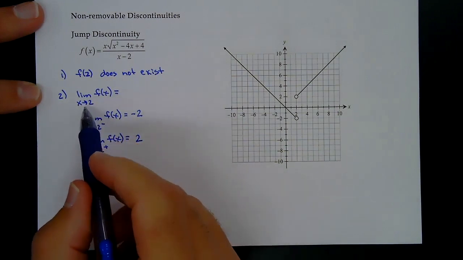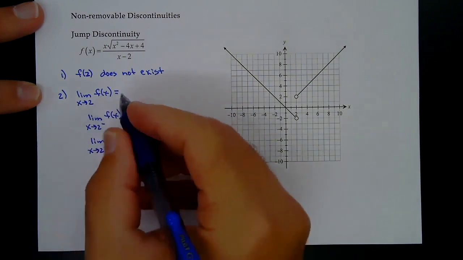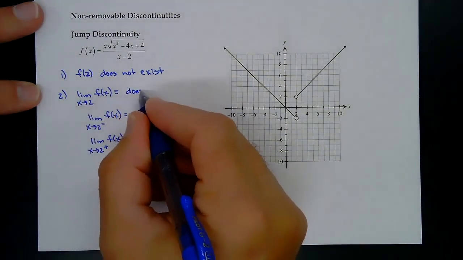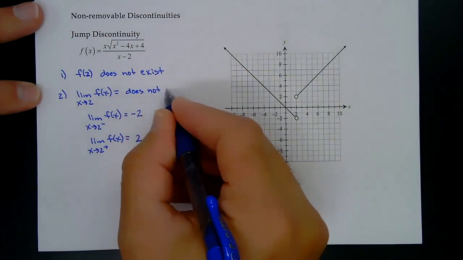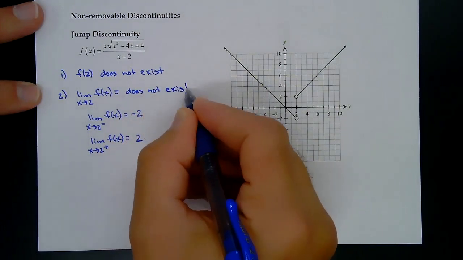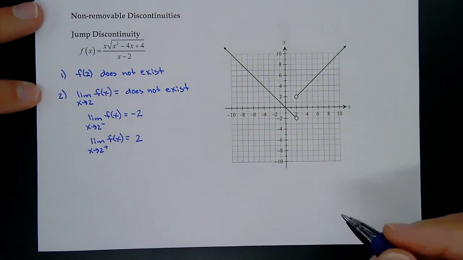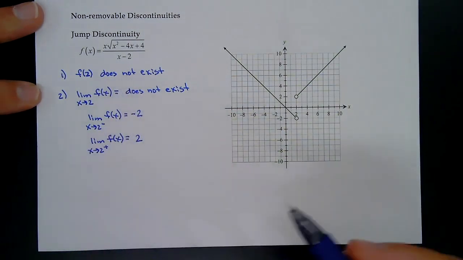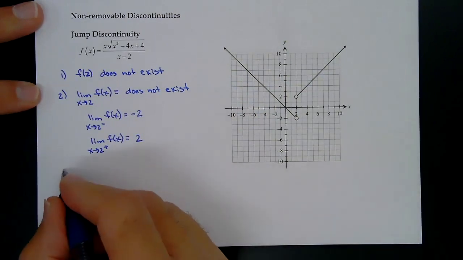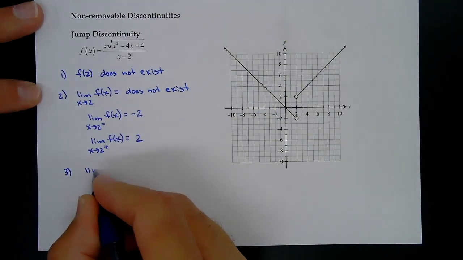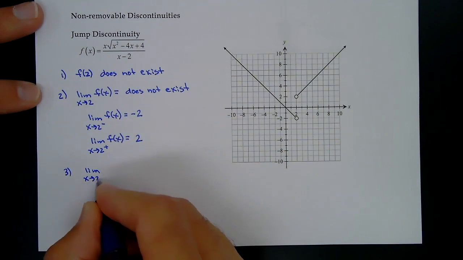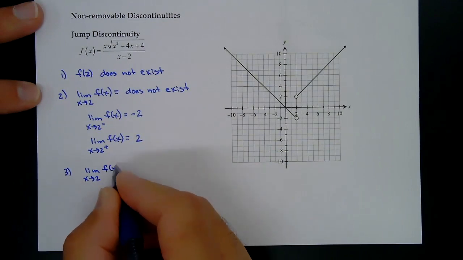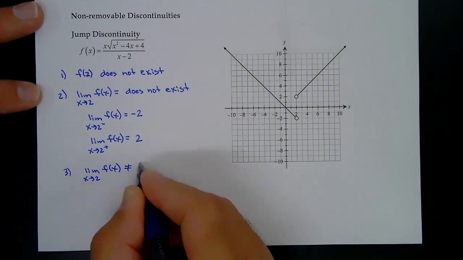So that means the limit as x approaches 2 of f of x does not exist. And if this doesn't exist and the function doesn't exist, well, heck, they can't equal each other. Okay, so the third thing is the limit as x approaches 2 of f of x does not equal f of 2.